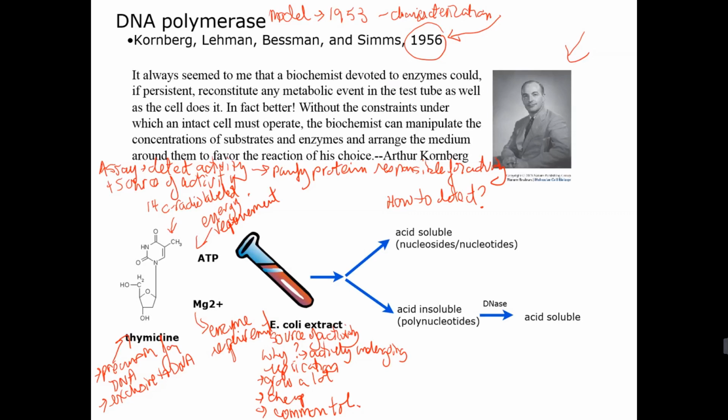So if you add a strong organic acid to a solution of nucleosides and nucleotides, they remain soluble. Whereas if you add the same organic acid to a solution of a DNA polymer, they become insoluble. And very simply, you can separate soluble from insoluble by centrifugation.